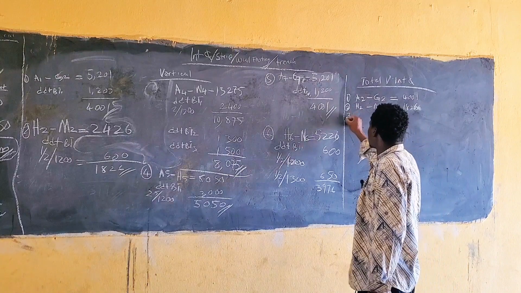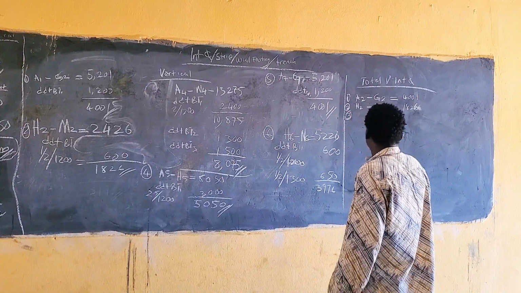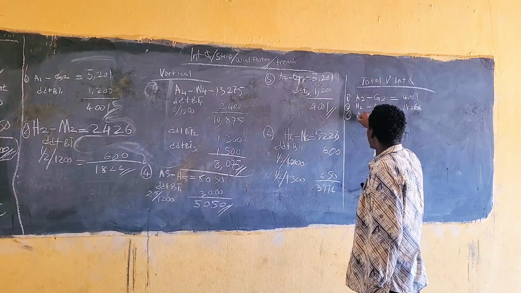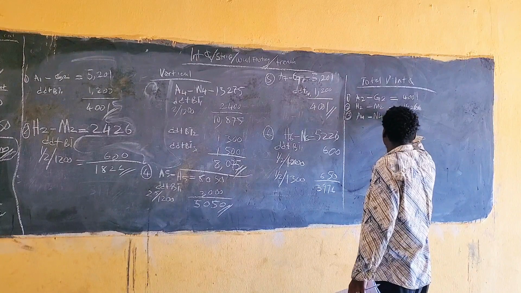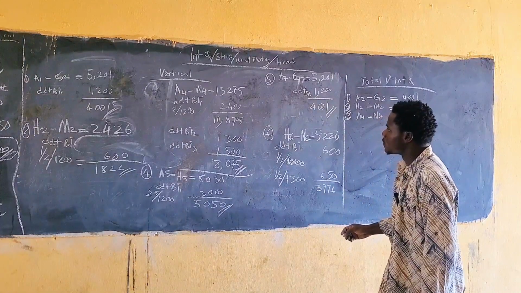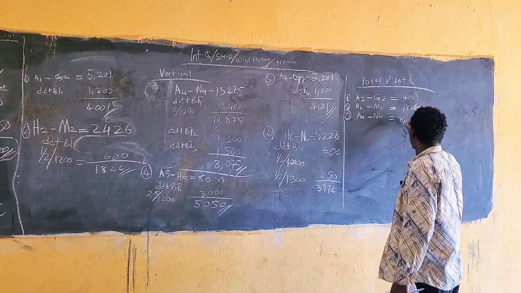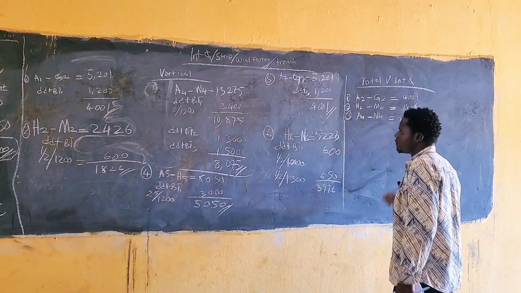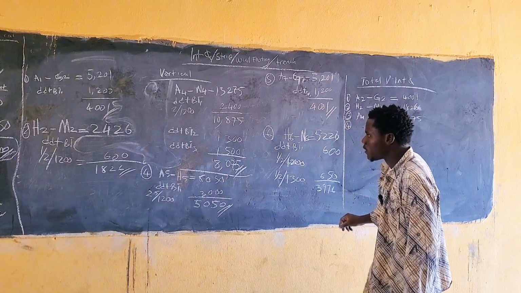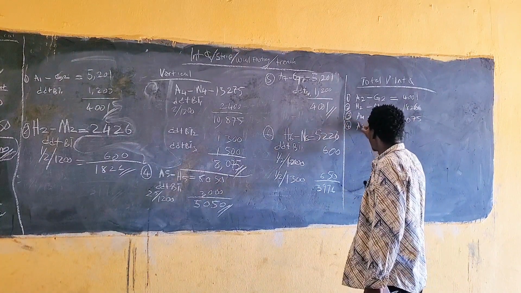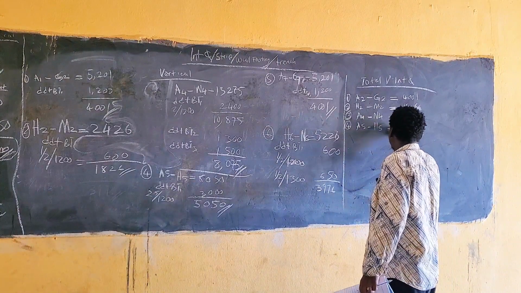The third, we got A4 to N4 is equal to 8,075. For A5 to H5 equals 50.